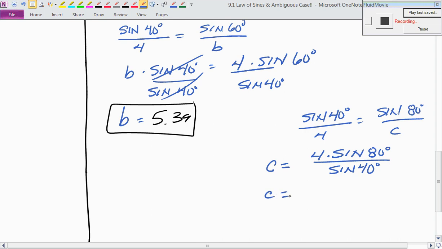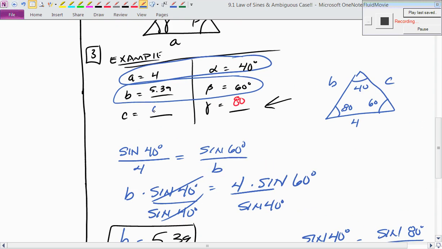So C must be something. All right, can someone help me out? A couple people verify. What is C going to have to be? 6.13. So we're thinking that this has to be 6.13. So we go back up to the top and we say this is 6.13, and therefore now we have solved.